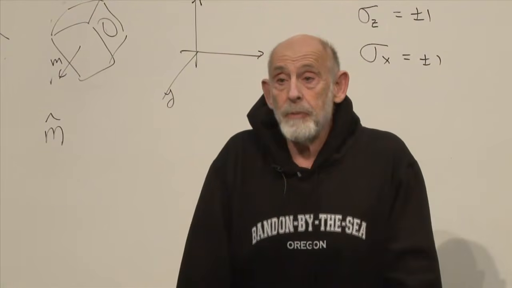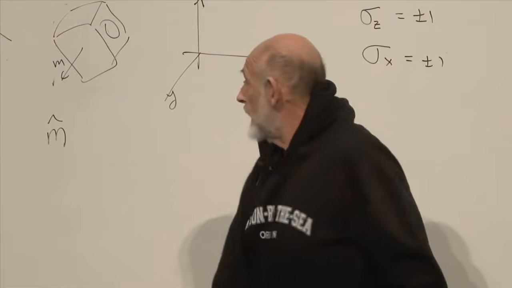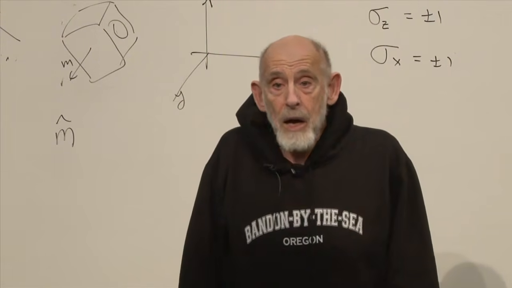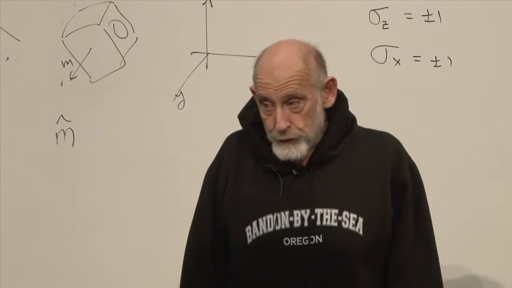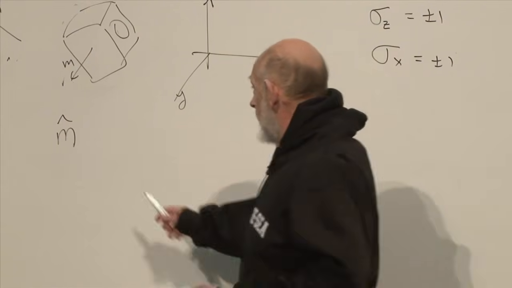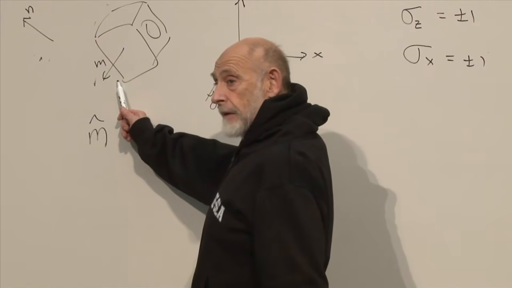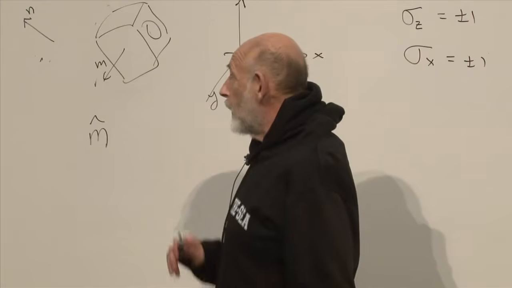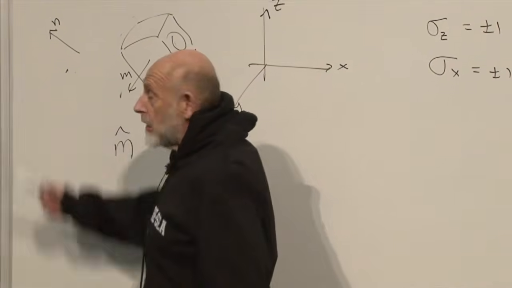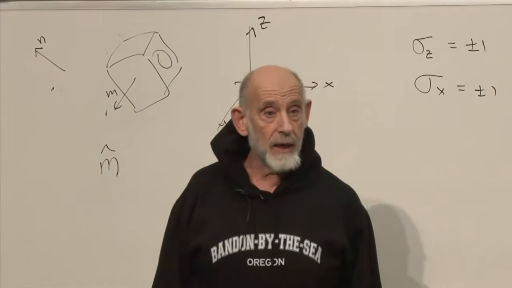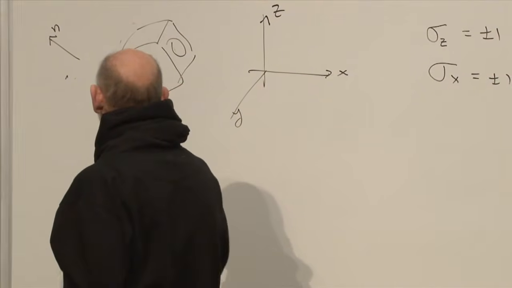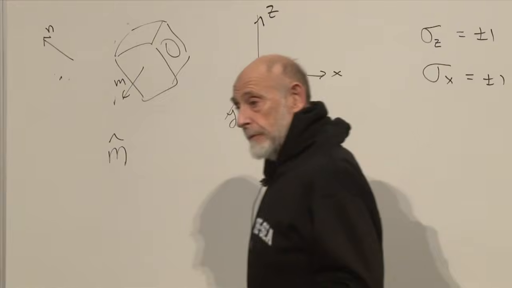It will either come up +1 or -1 along the m-axis, never in between, but the average value of the spin along the m-axis here will not be 1. It will not be -1. What will it be? It will be the cosine of the angle between m and n. In other words, the component of m along n.